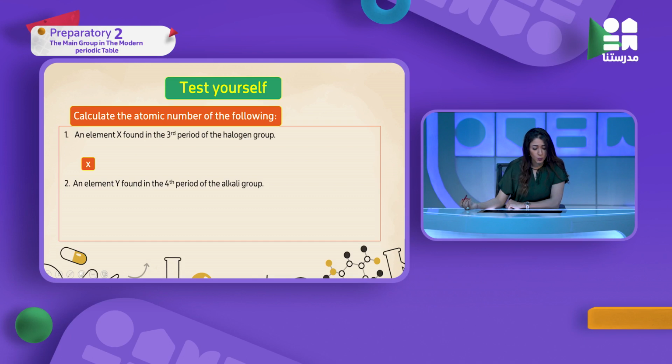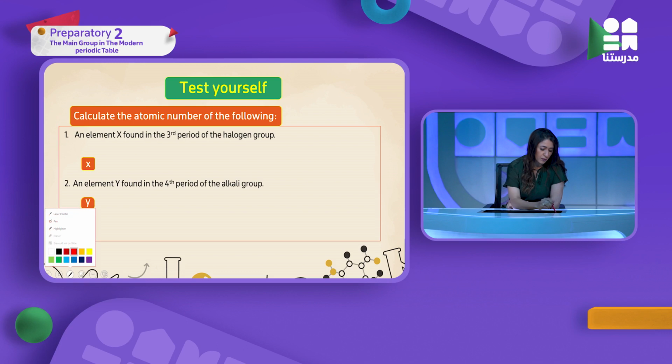بيقول لي an element Y found in the fourth period of the alkali group. طب هحول الكلام ده ازاي؟ هقول ايه؟ ادي element Y اهو.